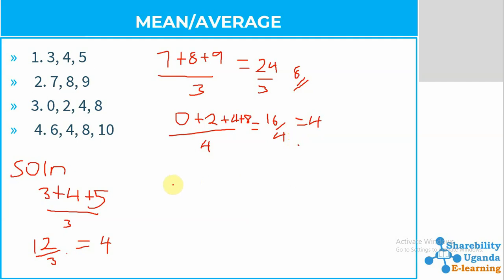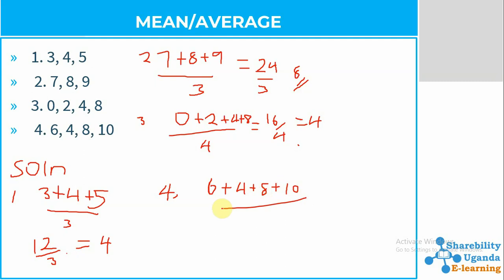Then our last number, which is number 4, this was 3, this was 2, this was 1, and this is our number 4. We have our 6, our 6 plus 4, then plus our 8 plus 10.